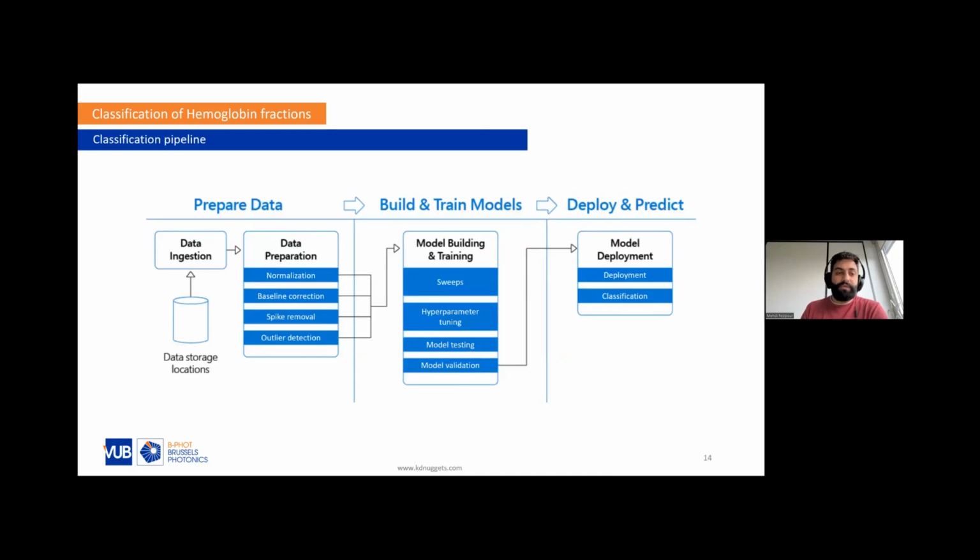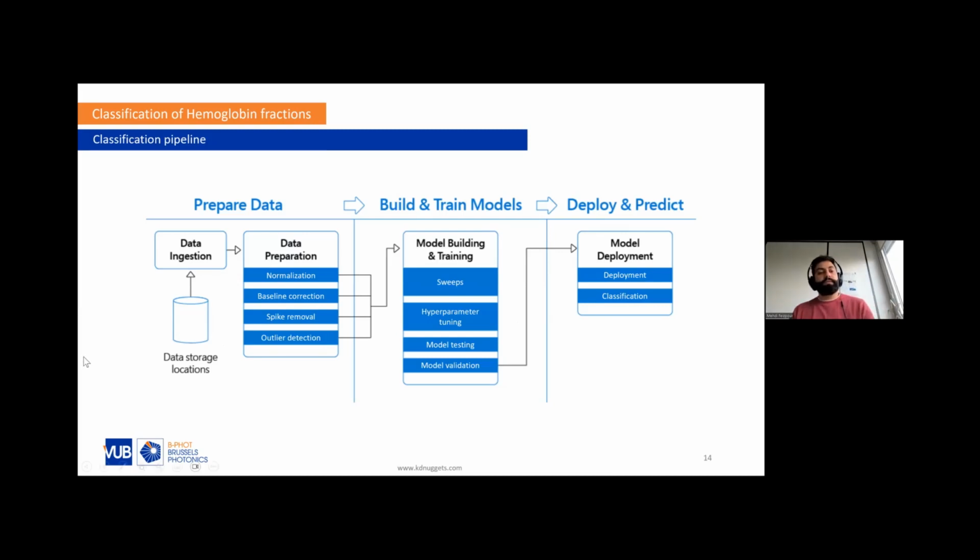So for that reason, we need a classification pipeline. So we don't only want the clustering, we don't want the spectra alone, but we also want automation.